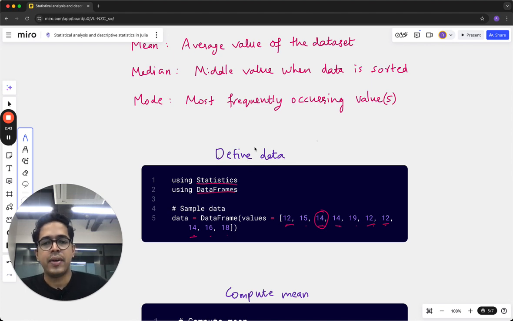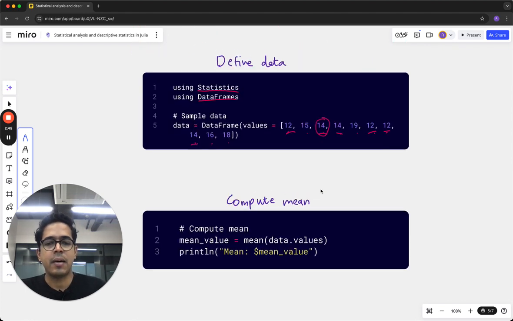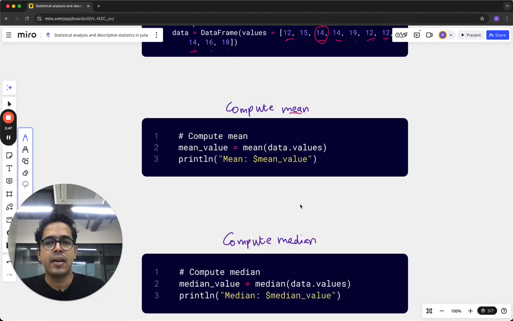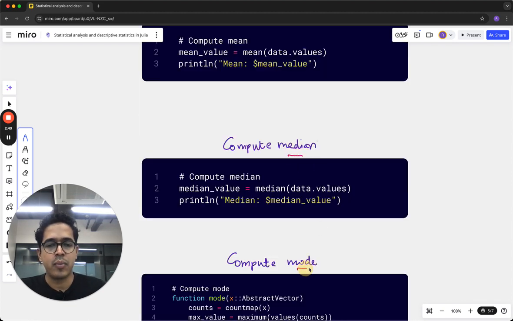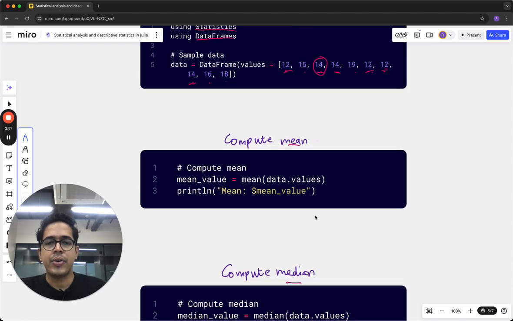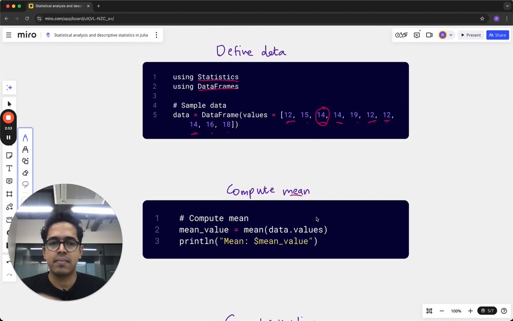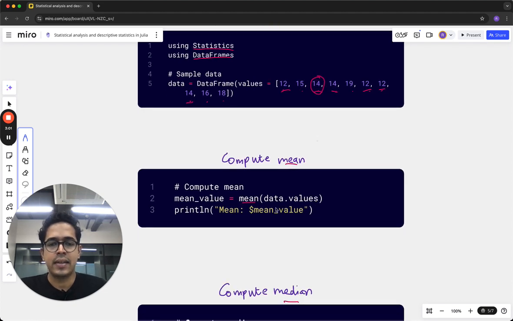Anyway, so we'll first define the data, and then we will compute mean, median and mode. What I want you to focus on is, for mean there is already a defined function. Simply use mean. You can get that if you import the Statistics package, and it's simply data.values, because in the data frame you are defining a values column in which there are all these numbers.